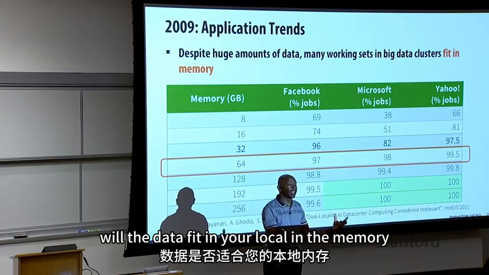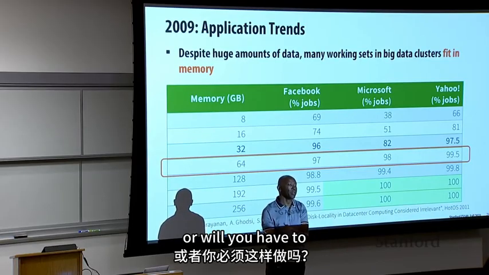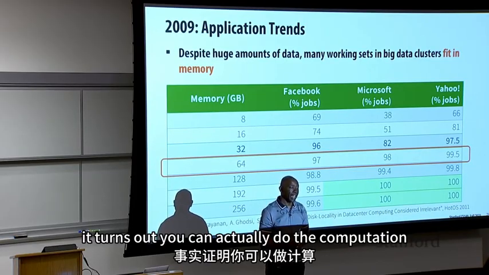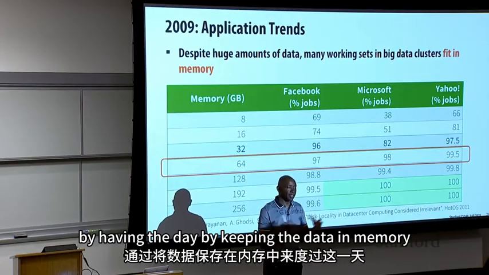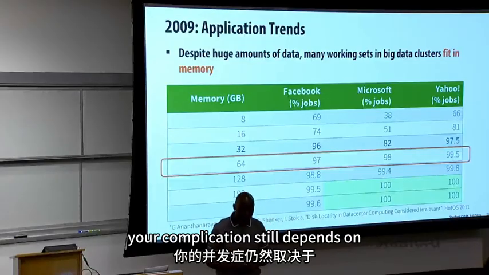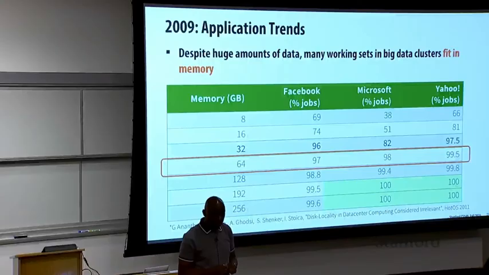Will the data fit in the memory, or will you have to make use of the disk? It turns out you can actually do the computation by keeping the data in memory. I guess your computation still depends on memory. Sorry, if the data fits in another node's memory, you still have to communicate between nodes.